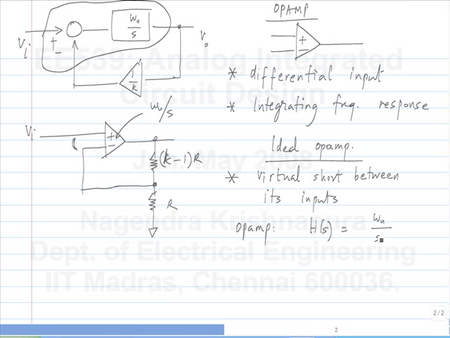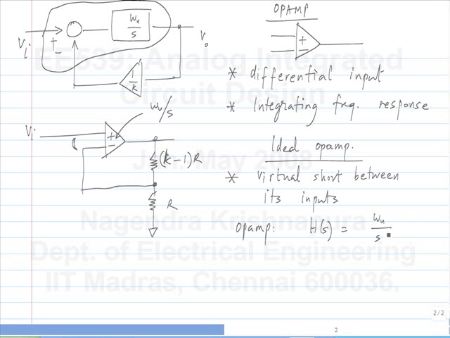At DC there is indeed a virtual short between the inputs, but as you go to higher frequencies, there is some differential input voltage. The input difference is not zero. The DC value of the input difference has to be zero in steady state, or rather, when I say DC value, that implies in the long term.